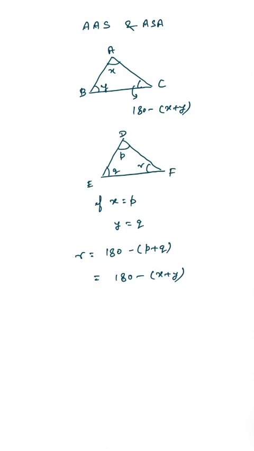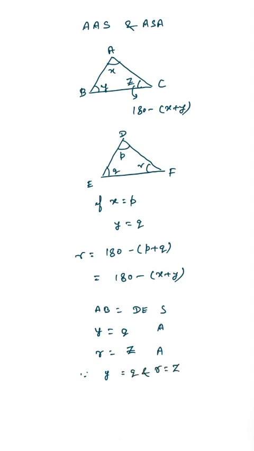So we can say that for AAS and ASA, it doesn't really matter which criterion we take into account, because eventually they are going to be the same. Like if we consider here that AB is equal to DE, and angle Y is equal to Q and angle R is equal to G, then we are able to see that we have the AAS criterion.